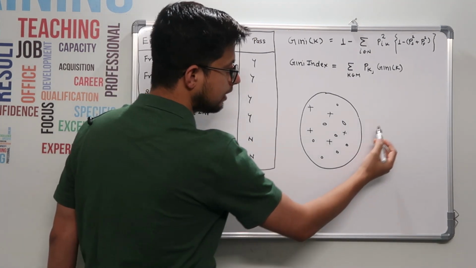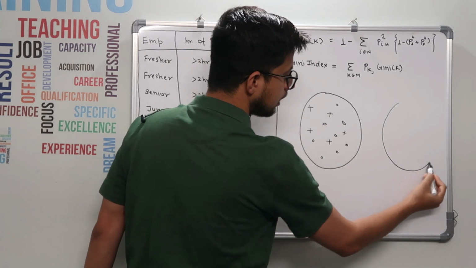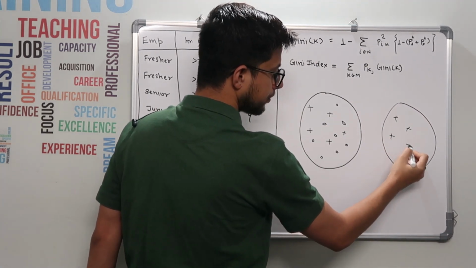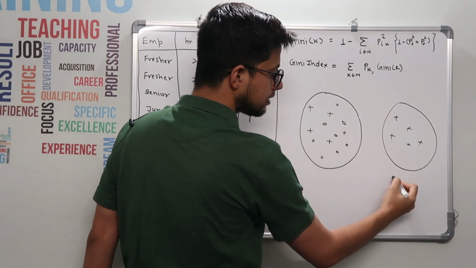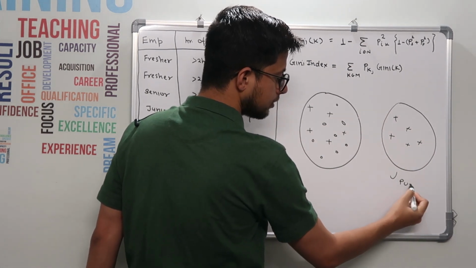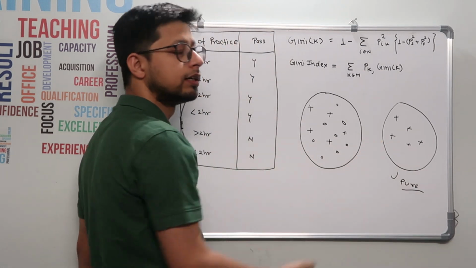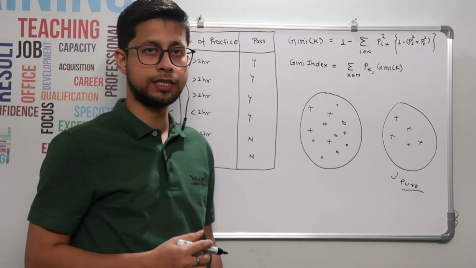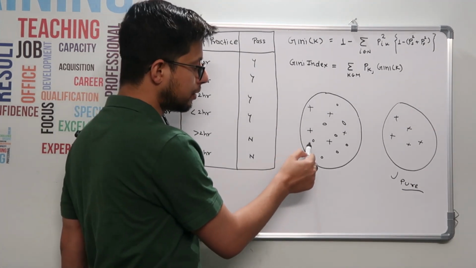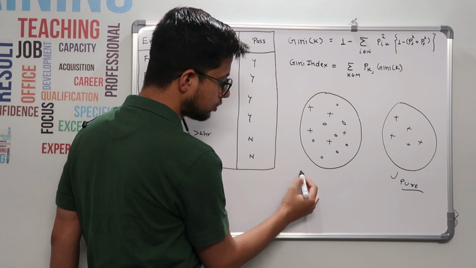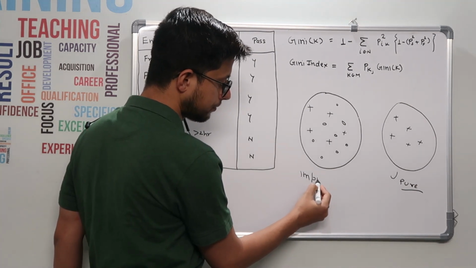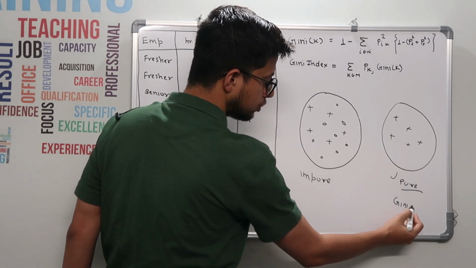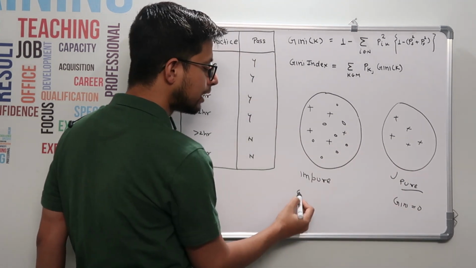For example, if I draw another circle and here we have only plus, then this is a pure class, right? Because this node contains only the class which belongs to plus. But this one has mixed both, so this node is known as impure. So this will have Gini equal to 0, but the other will have some Gini.